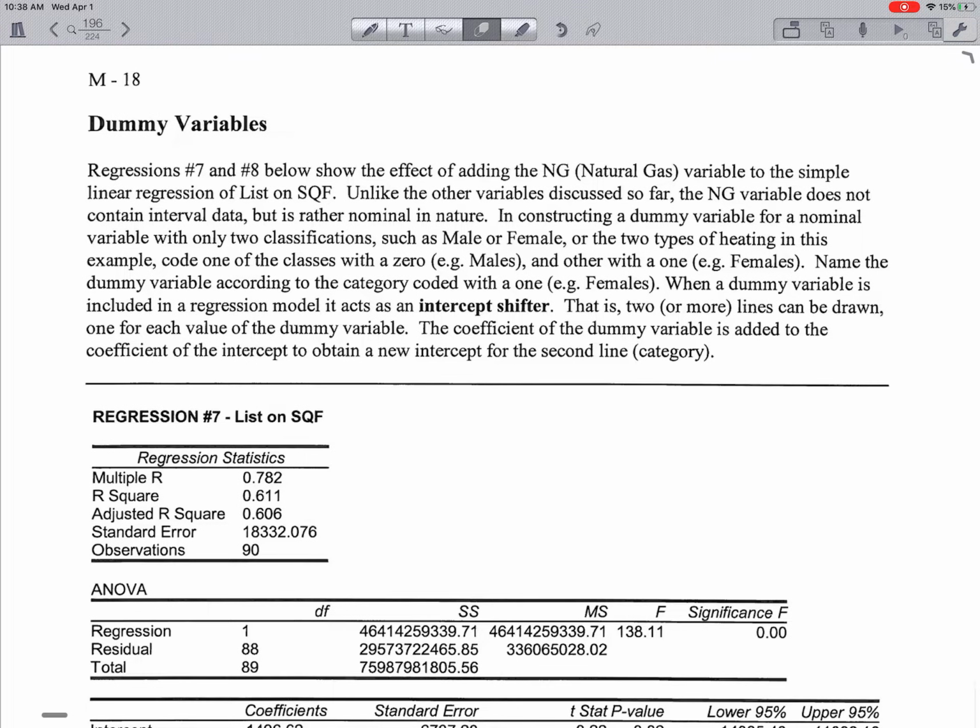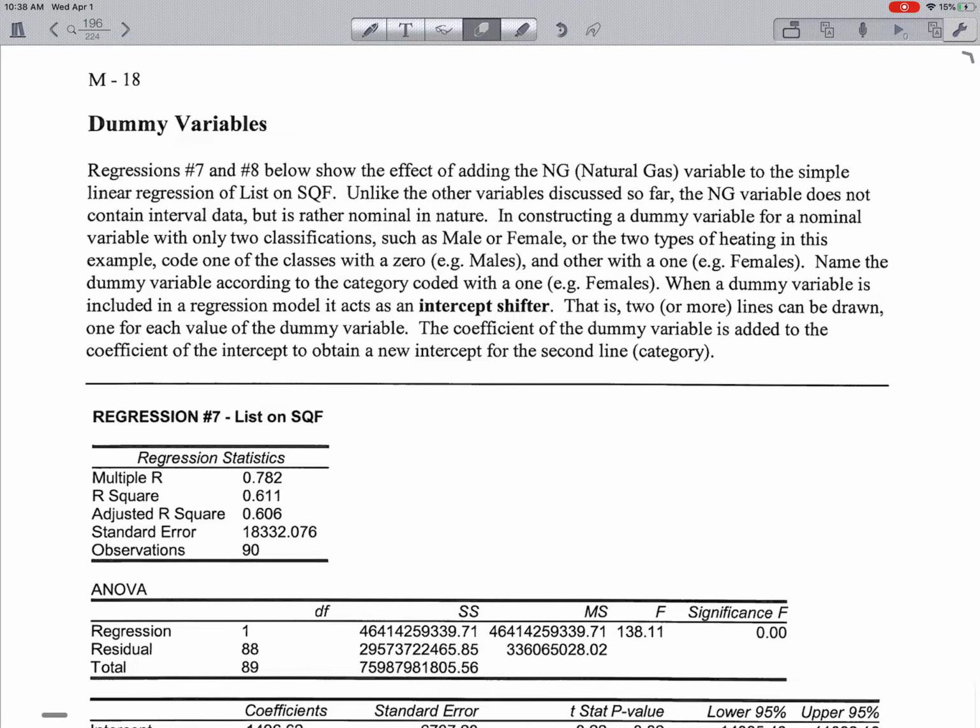But the question comes up: is there any way to insert a nominal variable in there? And the answer is yes. What we do is we create one or more dummy variables. We're going to take a look at an example with a nominal variable with just two classifications.